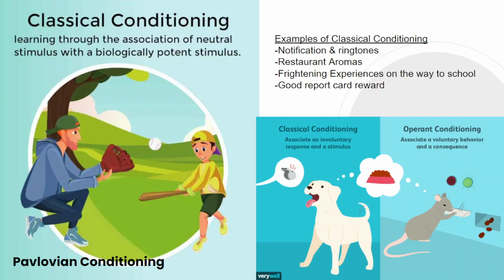A frightening experience on the way to school, like I think of a little kid walking on their way to school and there's a scary dog barking, they can associate that fear they had with going to school. A good report card. A report card is just a piece of paper, but if it has an A on it and your parent takes you for a reward, it has meaning. It gets a little bit of meaning.